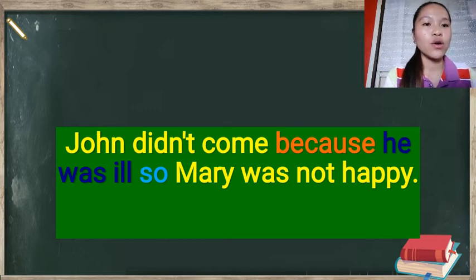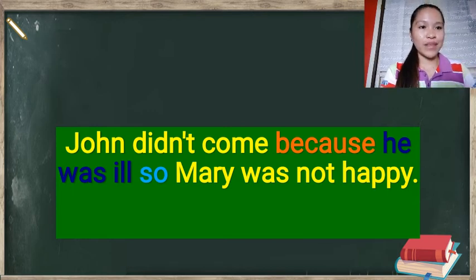We have the subordinating conjunction "because," which joins the dependent clause "he was ill." We also have the coordinating conjunction "so" that joins the independent clause "Mary was not happy." So this sentence is a compound complex sentence.